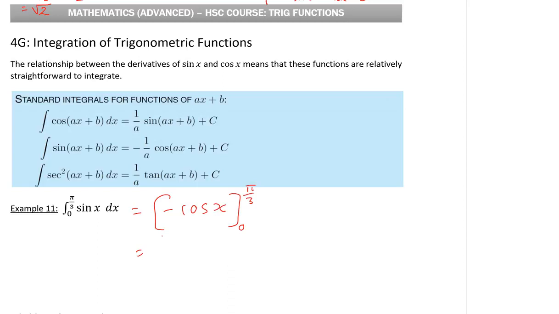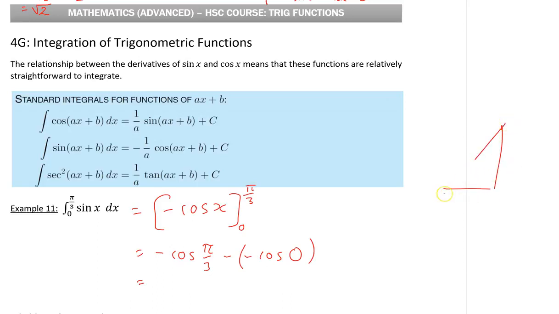Now, this equals the negative cos of pi on 3 minus the negative cos of 0. Be careful with the double negatives here. I don't usually write them out much, but it's just too easy to make a mistake.